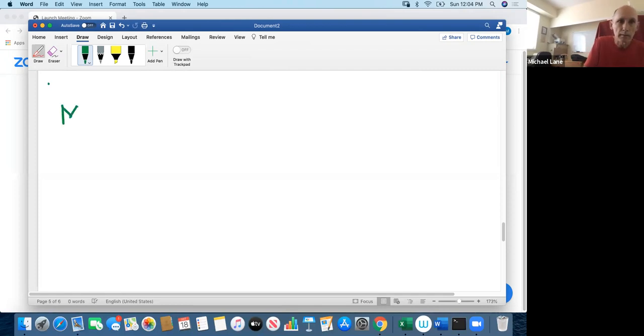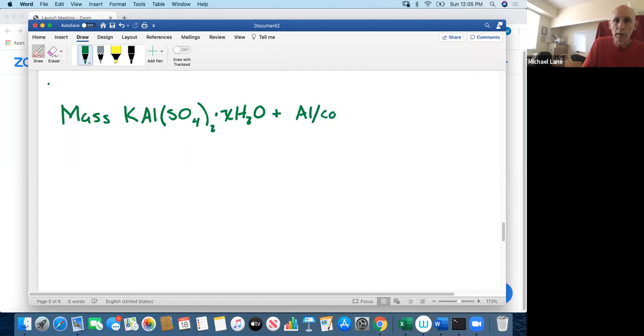The mass of potassium aluminum sulfate with some unknown molecules of water, plus what I'm simply going to call the aluminum container, equaled 7.23 grams.